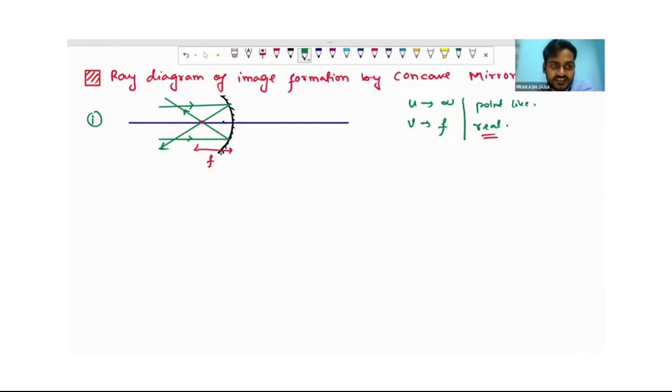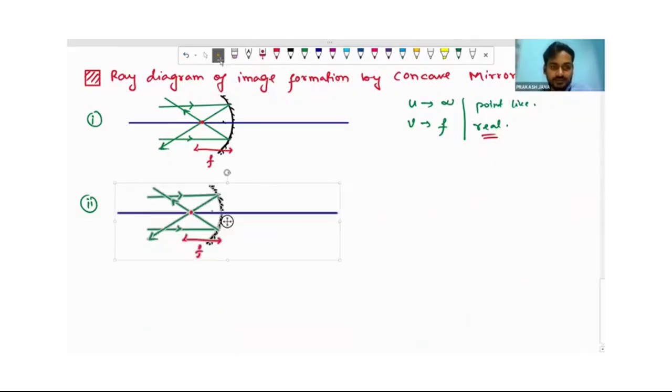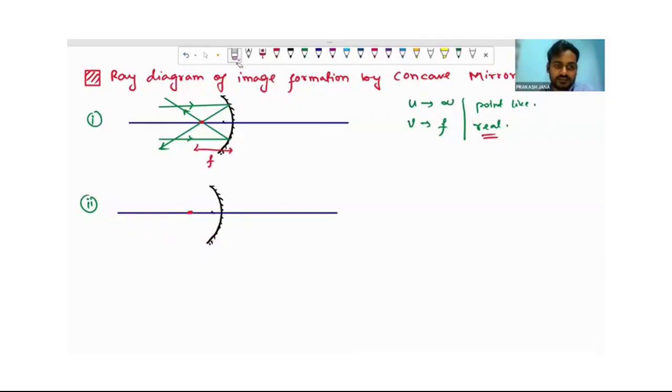So the second case we will discuss. Let me copy this and paste it here. What do we have to erase? Definitely these rays will be different. Now this is the focus.